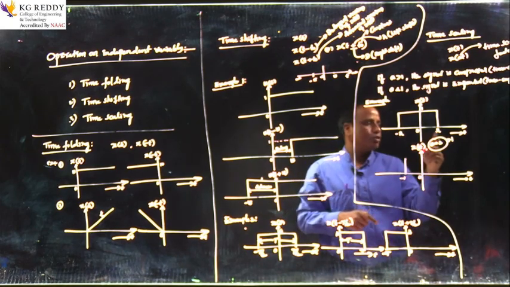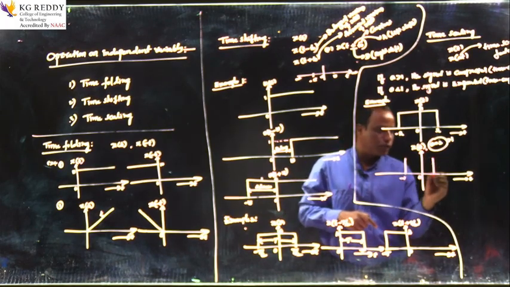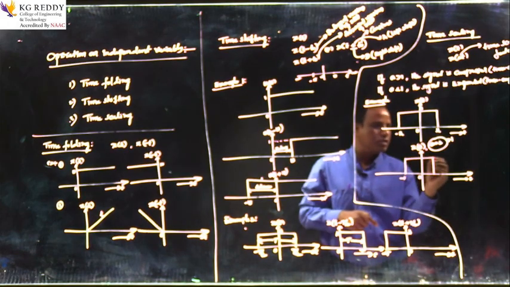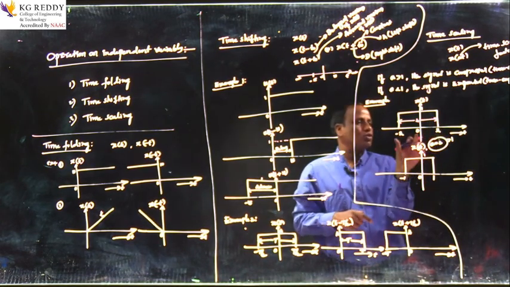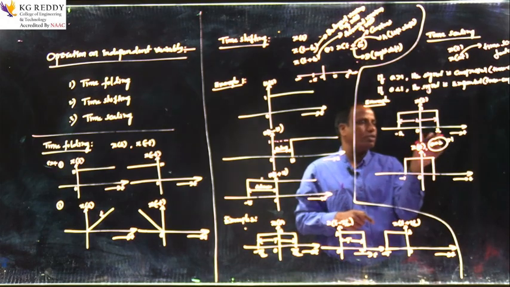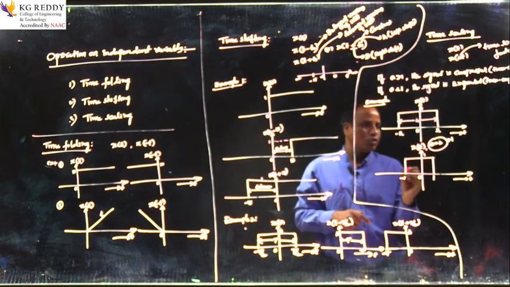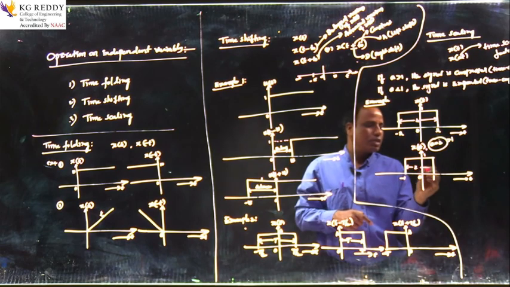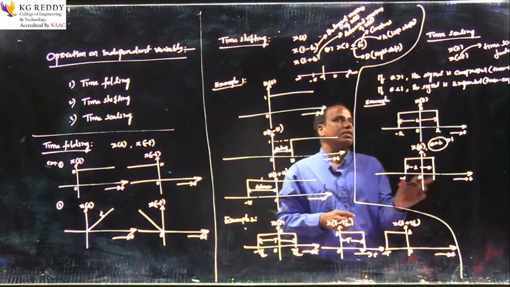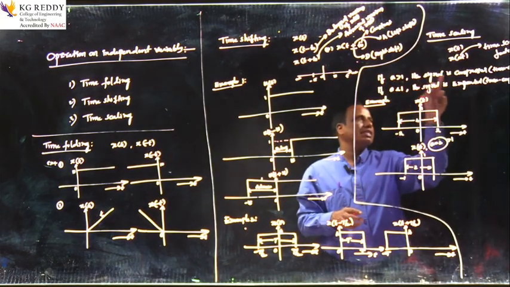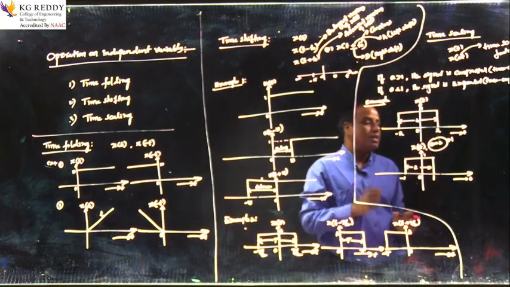Similarly, 2 by 2 becomes +1. So this is the signal, with amplitude 1. Now if you look at this, the total pulse width of the original rectangular signal is 4: -2 to 0 is 2, 0 to 2 is 2. Whereas here the total pulse width is 2, so the signal has been compressed in the time domain. That's the reason if a is greater than 1, the signal is compressed. That is called time compression.